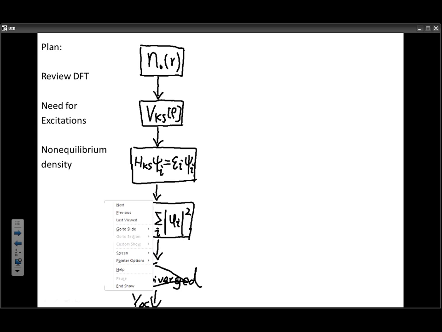If the convergence criterion is reached, the self-consistent cycle is stopped. If it's not fulfilled, we should restart the self-consistent cycle with a new density.